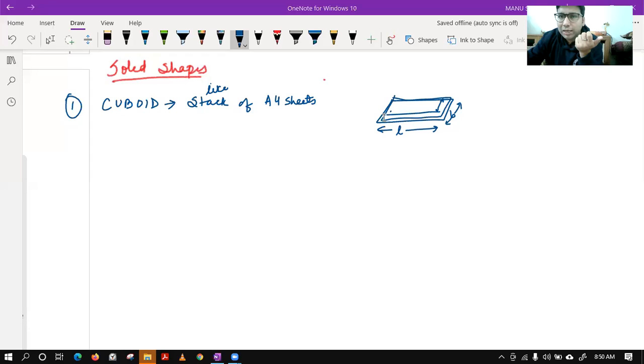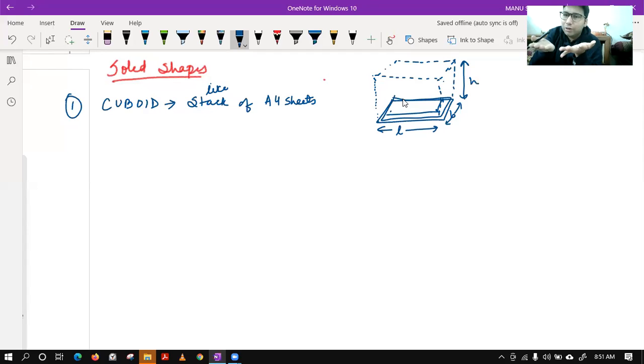It will be 2 times L into B. With a certain height, length, breadth in which all the measurements are different, if you keep on keeping the sheets, you will obtain a structure like this, which is known as cuboid. And the height of the ream, or the height of the A4 sheet stack, is h.